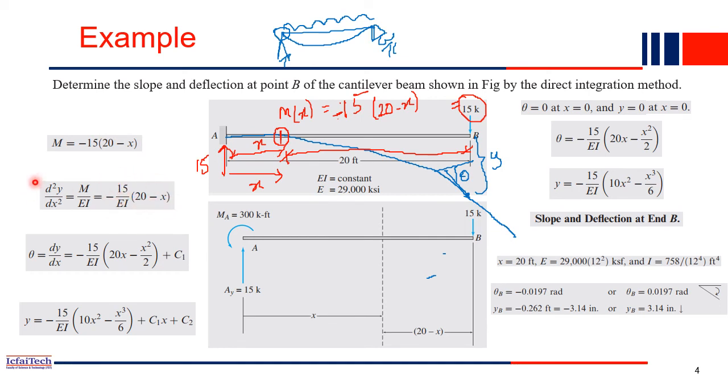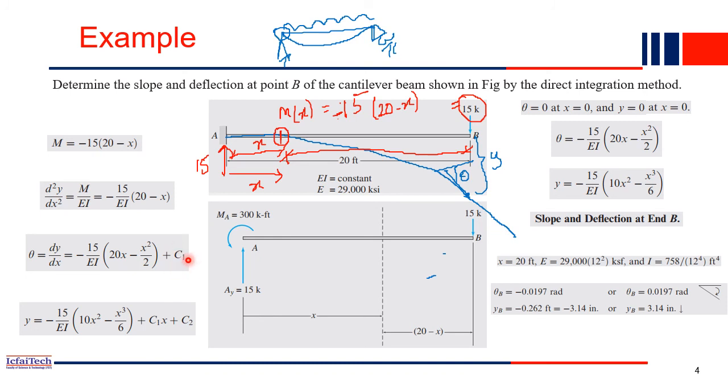So now if you take the first integration, you will get dy by dx equal to minus 15 by EI. This is a constant, right? 15 is constant anyway. EI also is constant, given to us, right? Then what is the integration of 20? Integration of 20 will be 20x, minus the integration of x, which will be x square by 2, plus C1.